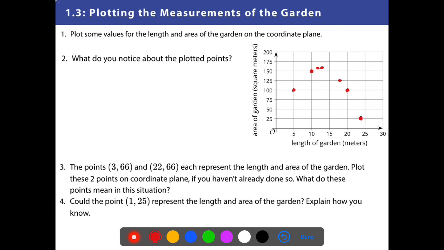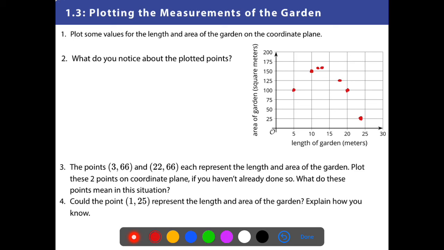Number 3, the points (3, 66) and (22, 66) each represent the length and area of the garden. Plot these 2 points on a coordinate plane if you haven't already done so. What do these points mean in this situation? So the point (3, 66) means that if the length of the garden is 3 meters, then the area is 66 square meters.